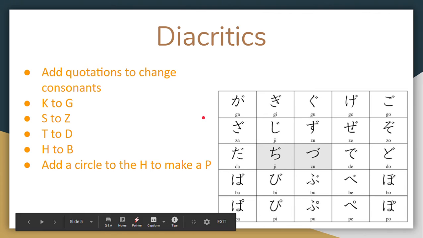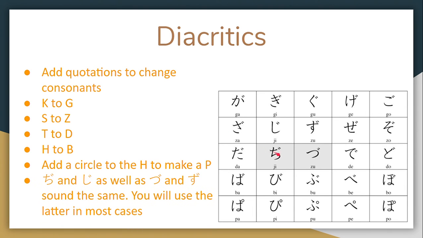Now, one thing you might have also noticed right here, these are grayed out. That's because when you add a quotation mark to this symbol, the chi, it changes to a G instead, which is the exact same sound as the one right above it, the G. Because of that, these two symbols right here, the chi changing to G and the tsu changing to the zu, are almost never used.